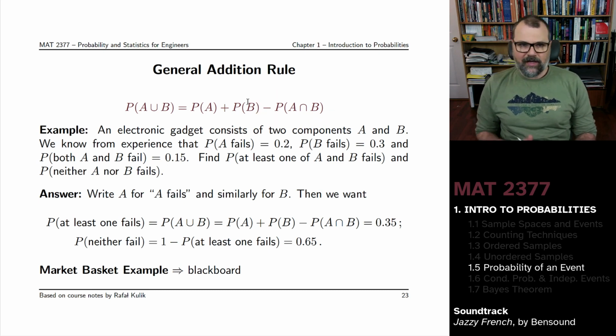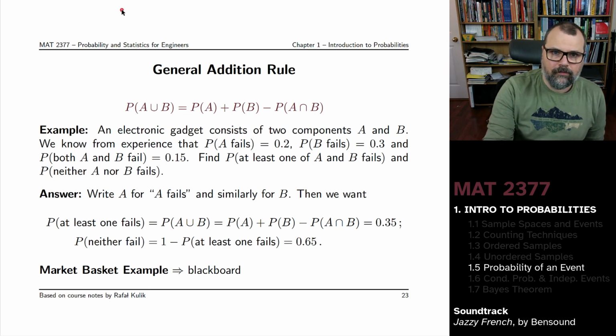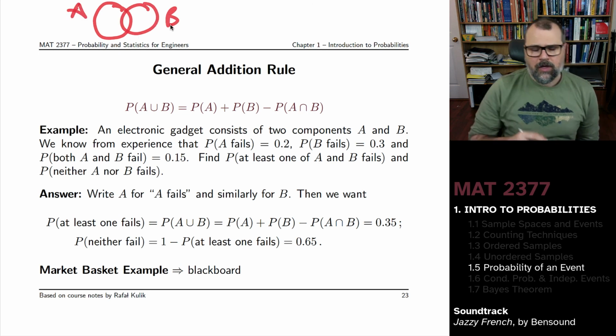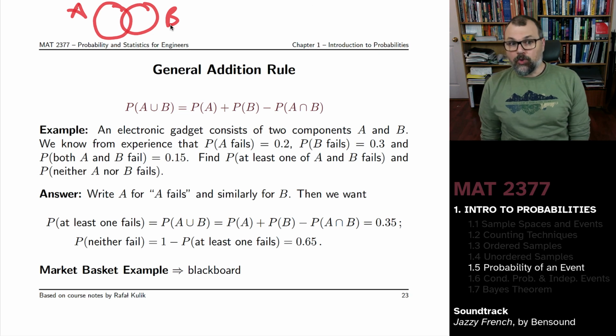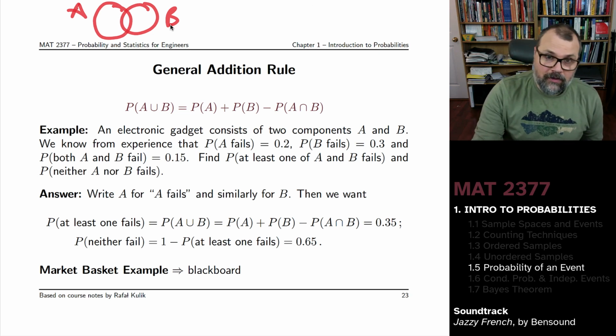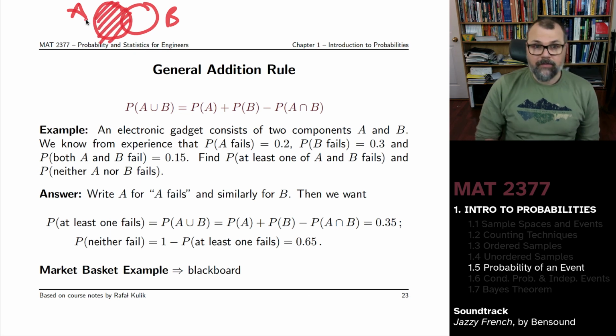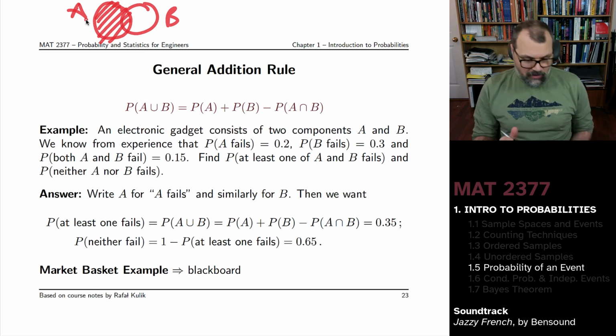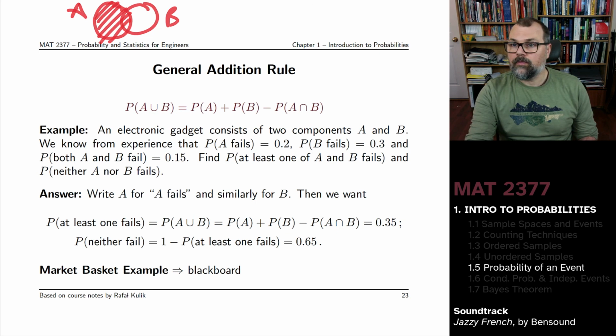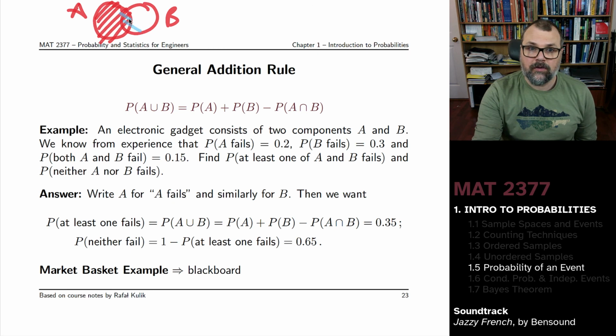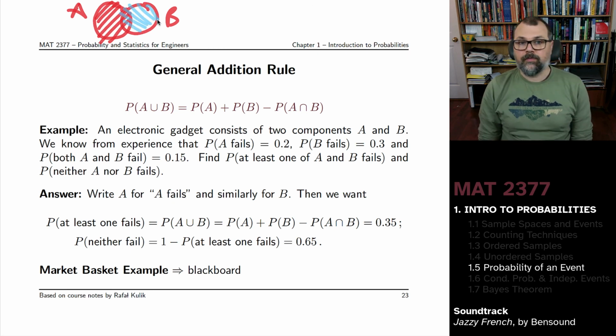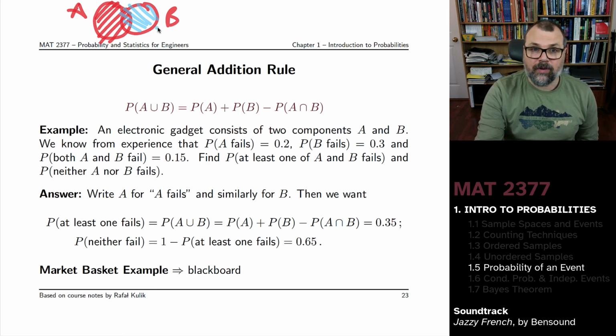If you go back to the Venn diagrams, here's your A and here's your B. When you're computing the probability of the union, according to the formula, you're first computing the probability that the outcome should be in A. So you're looking at all the things that fall in A. Then you will look at the probability that things would fall in B. But there's a little region here where you've counted the probability twice.